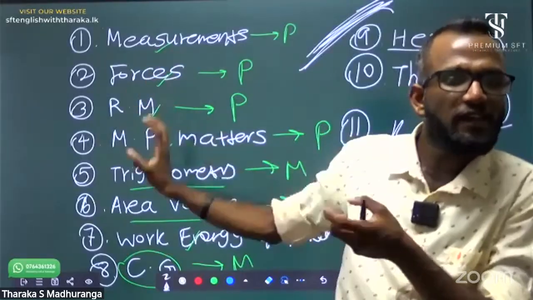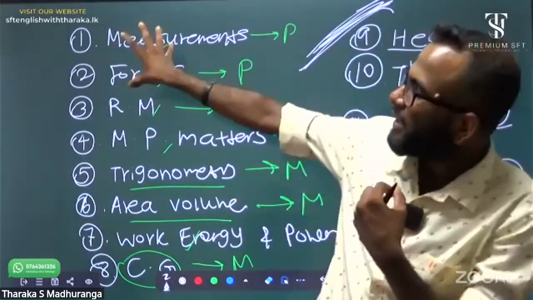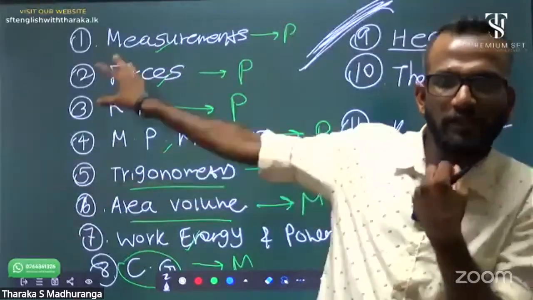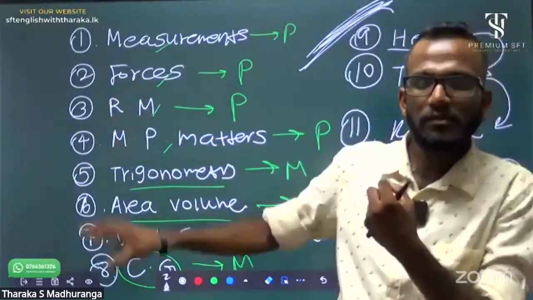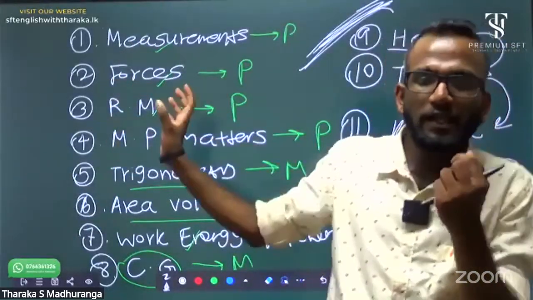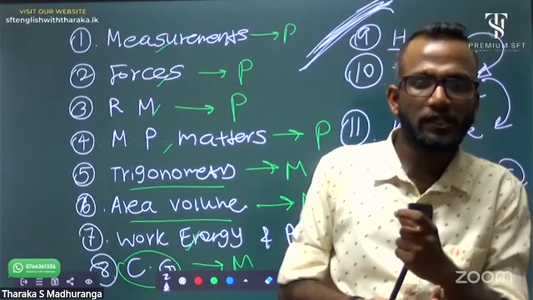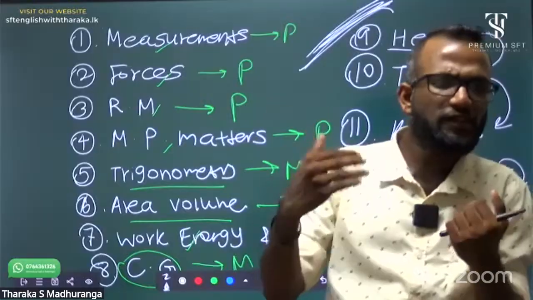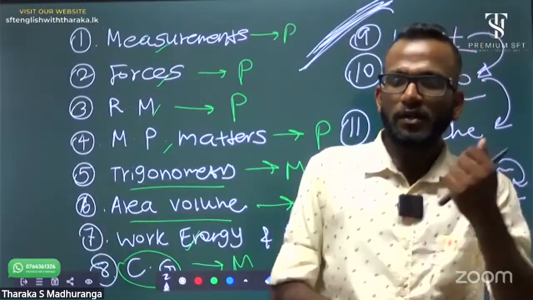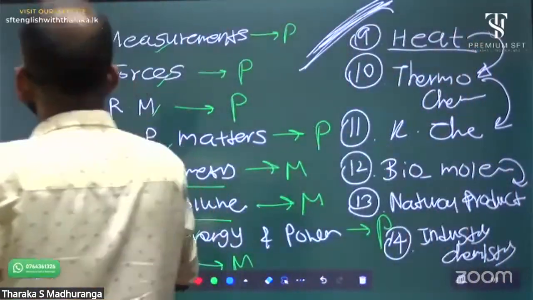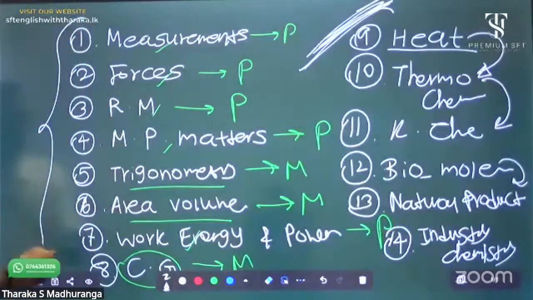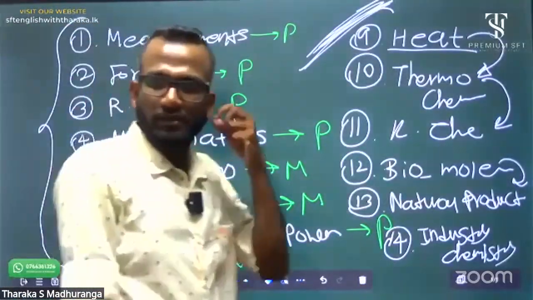They are separate basic lessons of the syllabus, grade 12 first lessons: measurement, forces, rotational motion, mechanical properties of matters, trigonometry, area volume, work energy power, coordinate geometry. No clear interconnection.